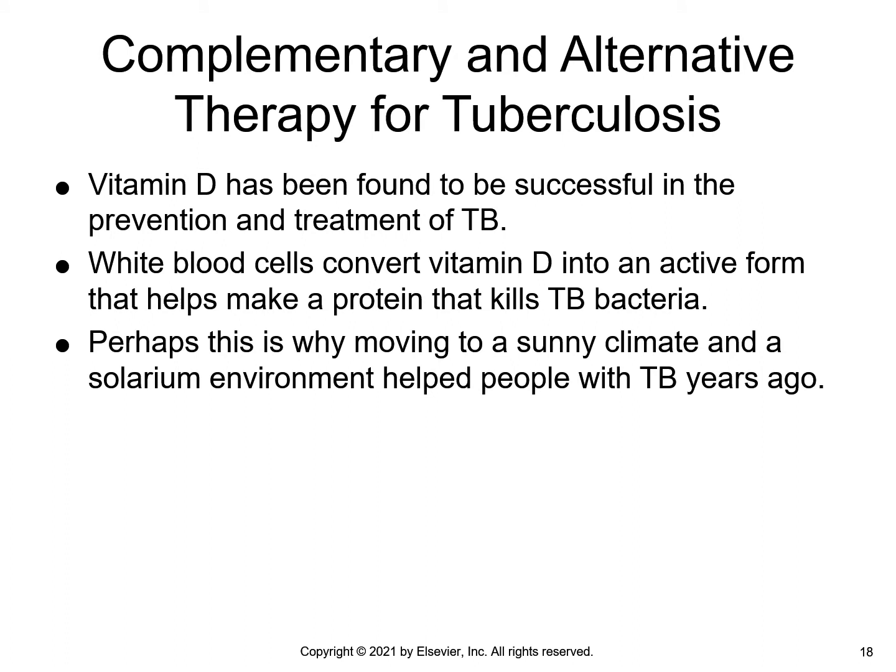Doses of vitamin D have been found to be successful to help prevent and treat tuberculosis. Sometimes it's thought that moving to a climate that provides more sunshine will help people with tuberculosis.